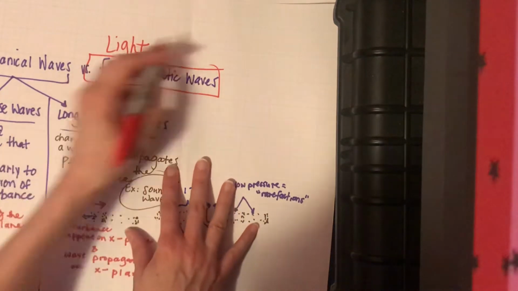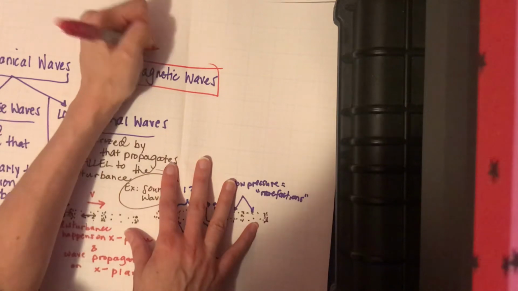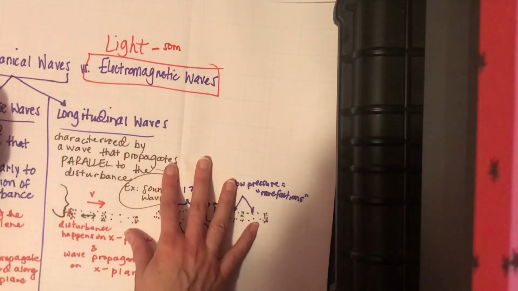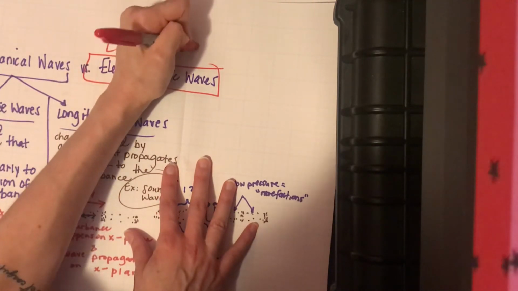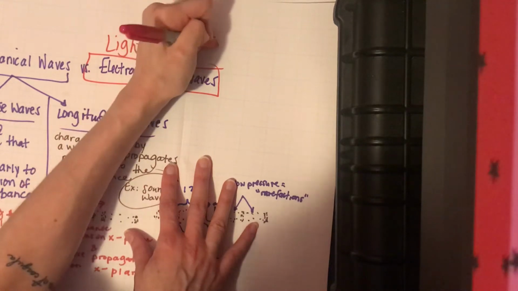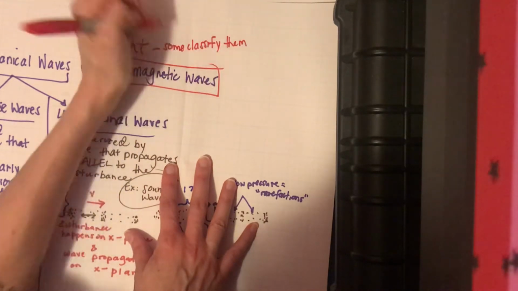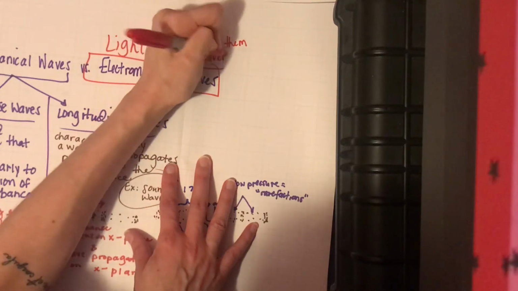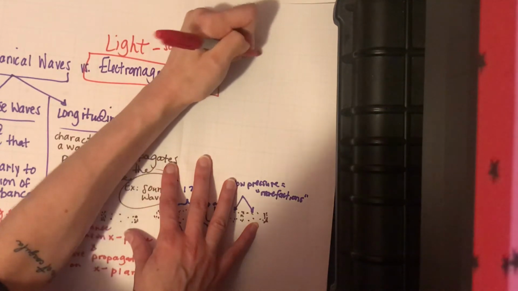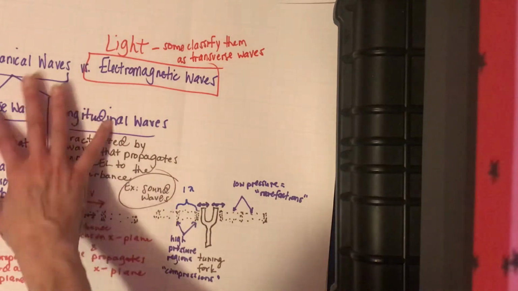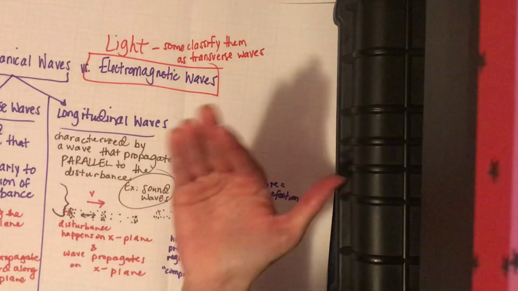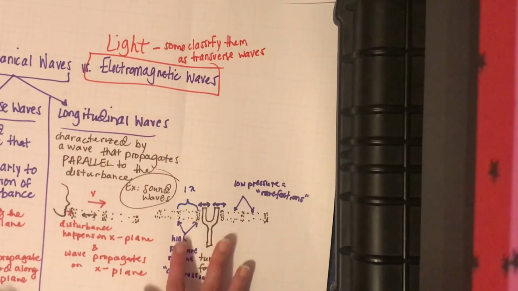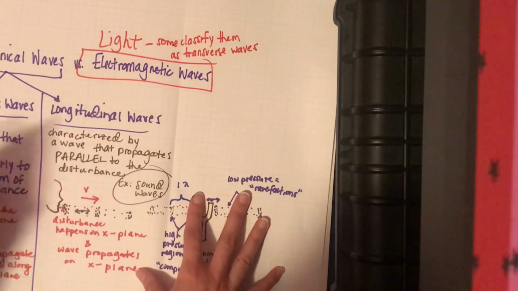What is understood about them, while some people classify them as transverse waves, I tend to give them my own category because they don't require a medium. I think it's fair to give them their own category.